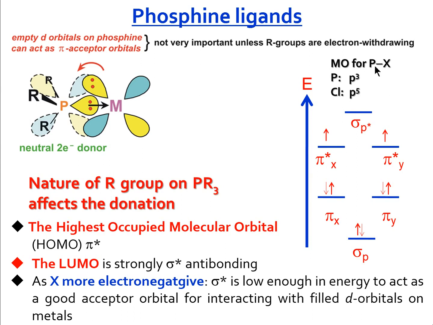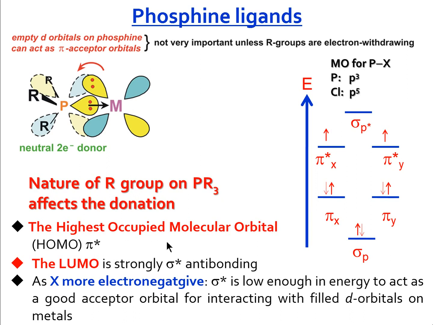Consider, for example, the bond PX, where X is chlorine, so P has 3 and Cl has 5 valence electrons. So we have to fill 8 electrons in the molecular orbitals of PX: sigma P, pi x, pi y, pi x star, pi y star, 2, 4, 6, 7, 8.